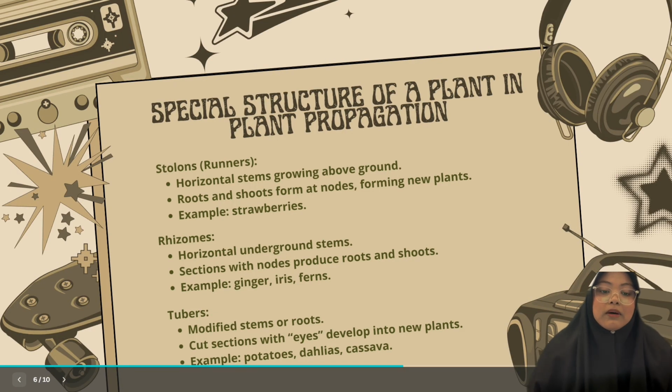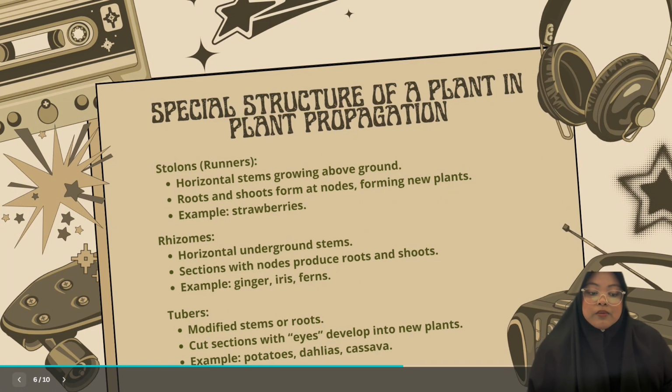Next, I will talk about the special structures of a plant in plant propagation. To begin with, we'll start with stolons, also called runners. Stolons are horizontal stems growing above ground, and roots and shoots form at nodes, which then can form new plants, for example strawberries.